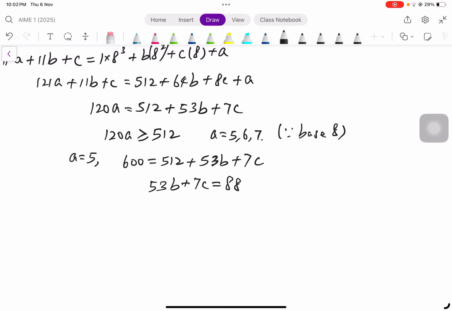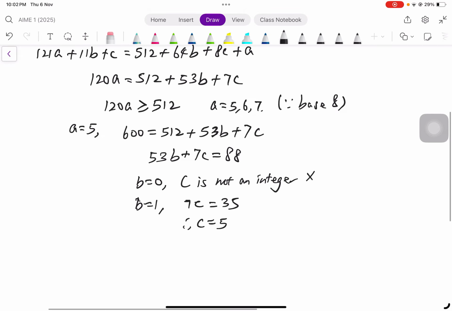If b is equal to 0, then c is not an integer, so this is an impossible case. We check b equal to 1: 88 minus 53 gives you 35, and then c is equal to 5.